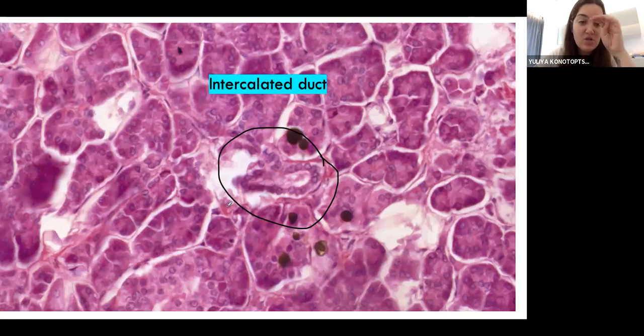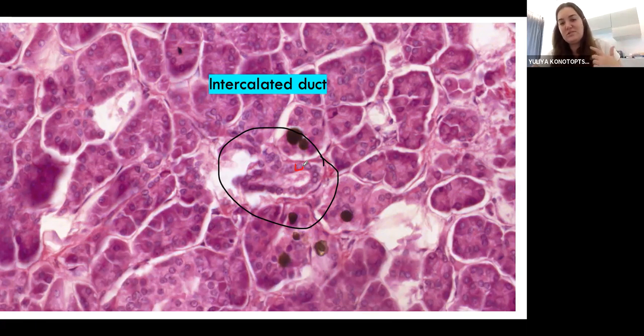Speaking of the intercalated duct, you can see that's how it is. Here it is a bit bigger, right? It's nothing like we saw in the salivary glands. And the cells here are just your intercalated cells, the cells lining the intercalated duct itself.